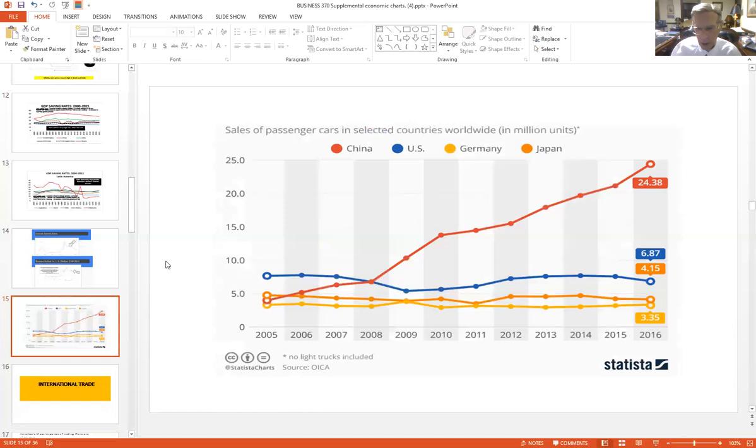And they export some cars, and they would like to export more. These are primarily Chinese auto manufacturers, which also produce cars with U.S. nameplates. They produce these cars for General Motors or Ford or Volkswagen.